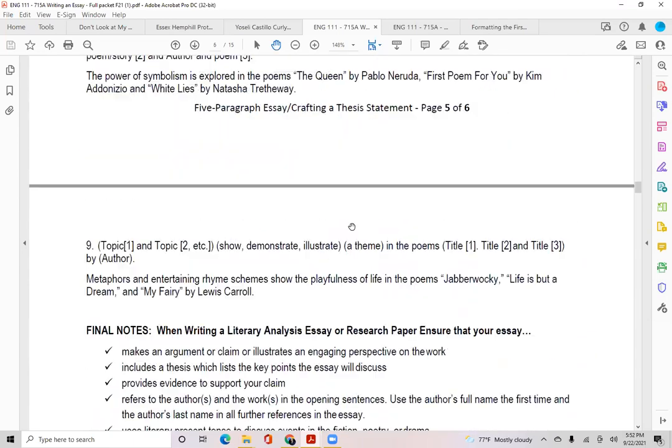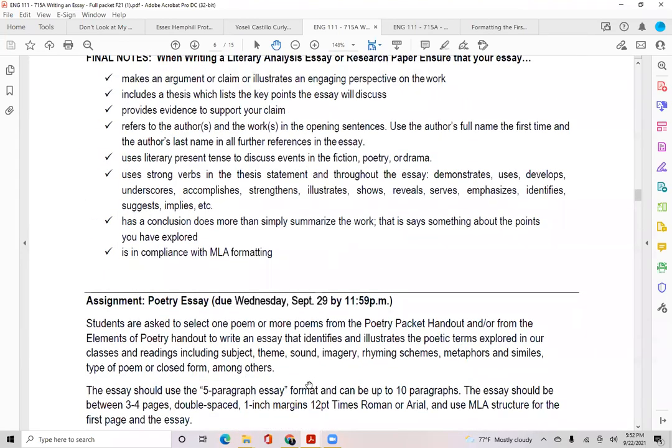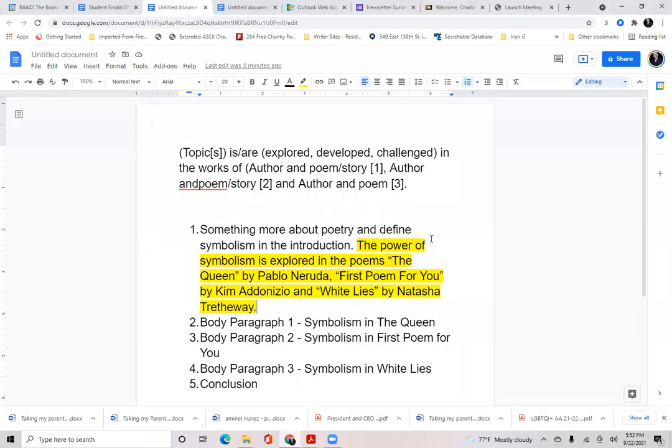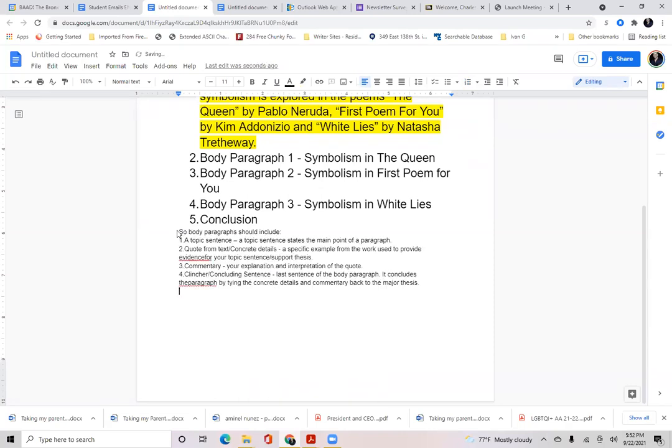So they should all use quotes from the text, etc. Right? I'm going to go back to my thing here. I'm just going to pop this in here. Right? So these are the things. So I'm going to write.